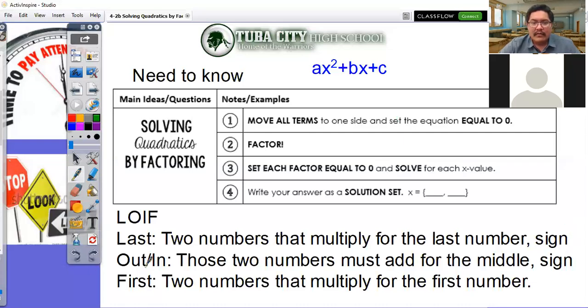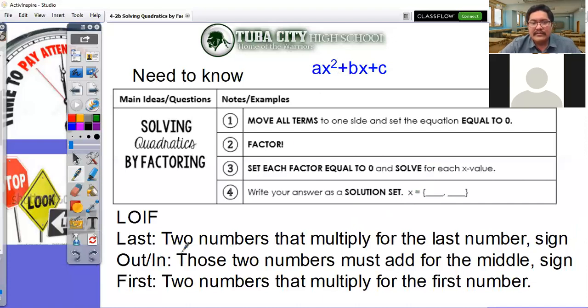Now, if the sign on this last term is positive, that means the two signs are the same. It doesn't mean they're positive, it means they are the same. If it is negative, that means they are different. And if they are the same, they're going to be the same as whatever the first one is.